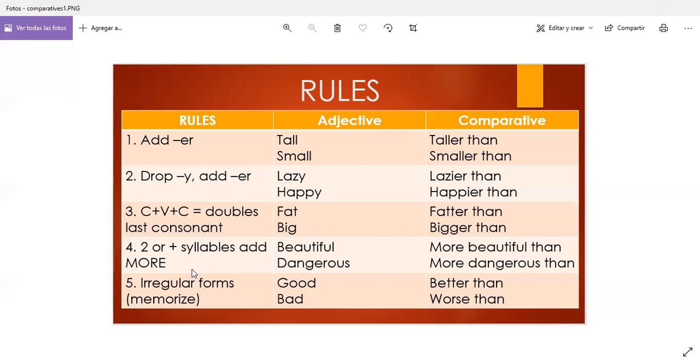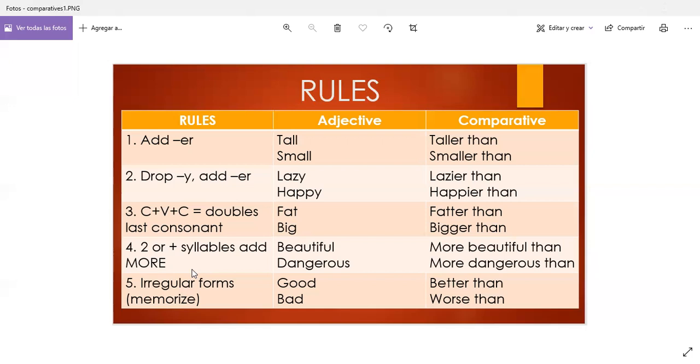And we have rule number 4, that is about two or more syllables. When the adjective has two or more syllables, we add more. Example: beautiful, dangerous, expensive.